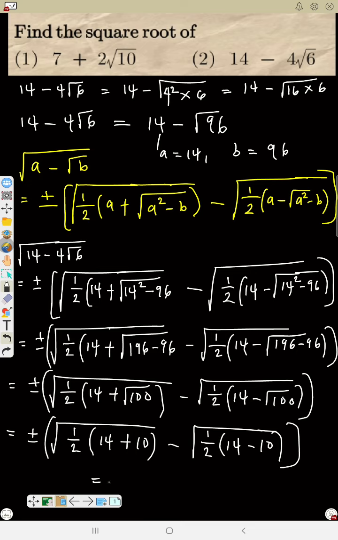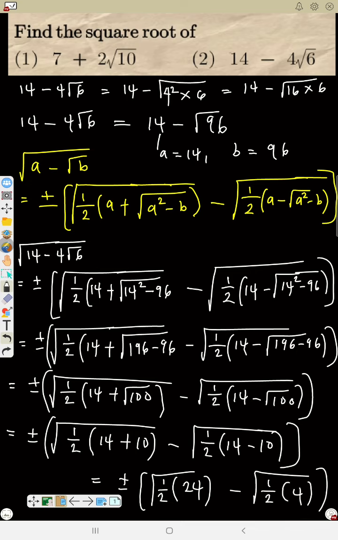So this is plus or minus square root of half times 24 minus square root of half times 4, because 14 minus 10 is 4, 14 plus 10 is 24.